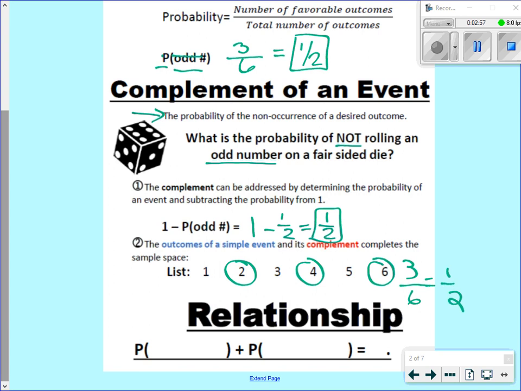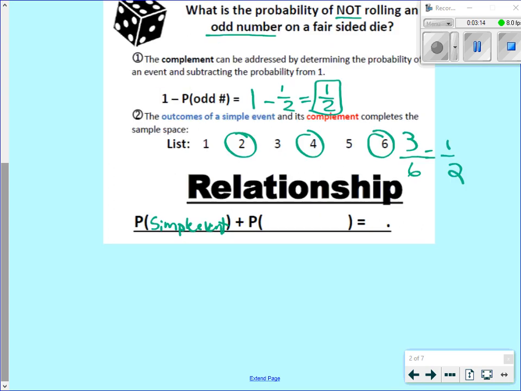So if you notice the probability of the simple event, which is here, is 1 half.